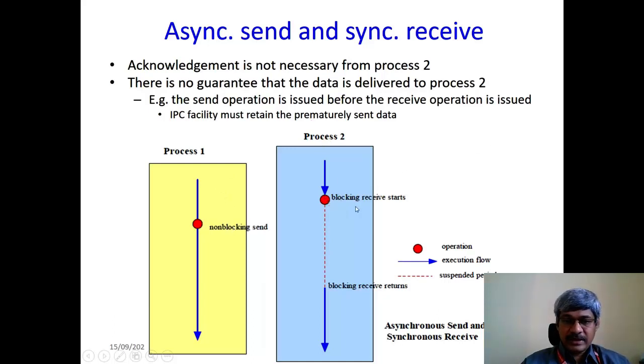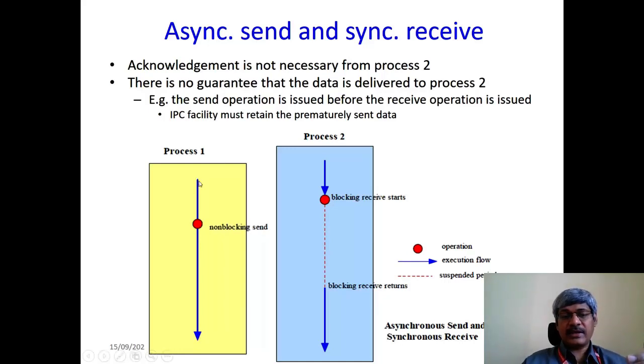For example, since process 1 and process 2 don't know what is happening at the other end, the blocking receive has started here. Assume that even before the blocking receive operation is issued in process 2, at process 1 sometime here, this non-blocking send has been initiated.